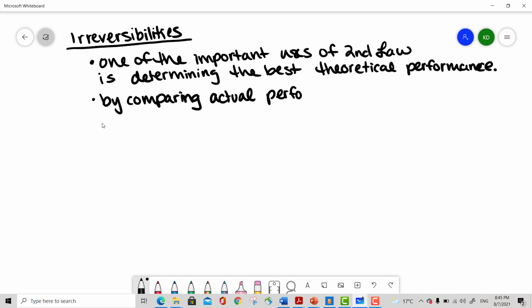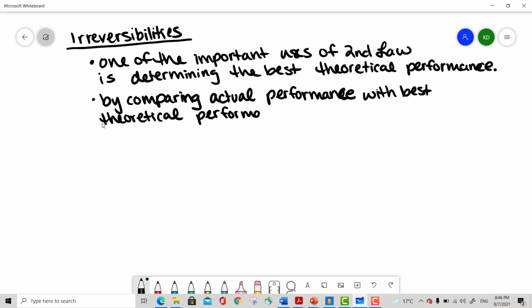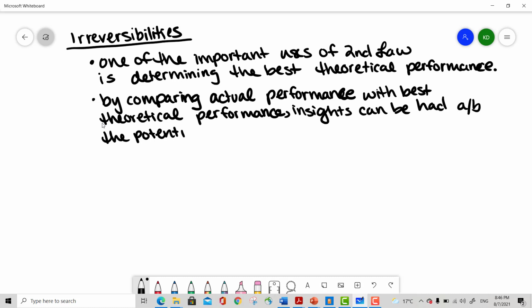Actual performance with best theoretical performance, insights can be had about the potential for improved performance.